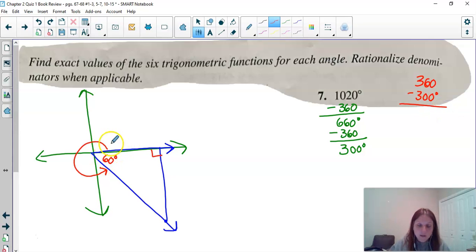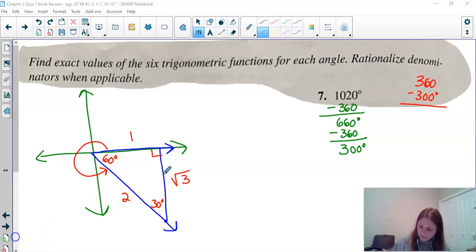So go ahead and pause and see if you can set up the sides. Remember, the smallest side will be opposite the 30-degree angle. See if you can set up the sides. This side will be positive as it moves to the right. This side is negative since we're moving in the negative direction here. Hypotenuse is always positive. Label your sides if you haven't already. This is x, the hypotenuse is r, and the other side then will be y.